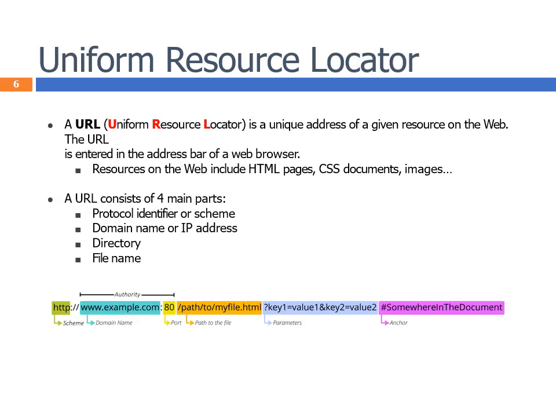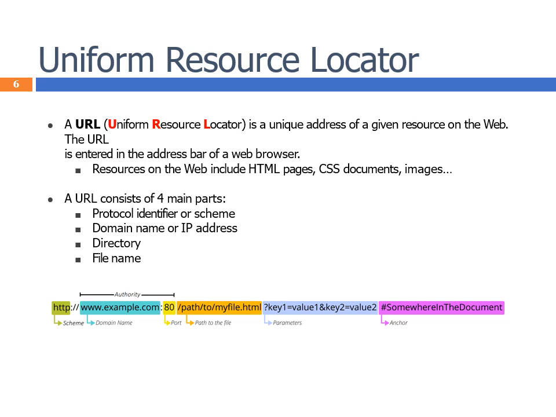Also, a recap from lecture 2: the URL is the Uniform Resource Locator. It's a unique address given for a resource on the web, and each resource has its own URL.